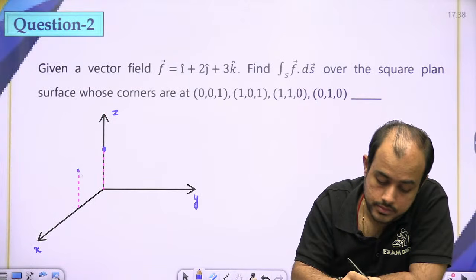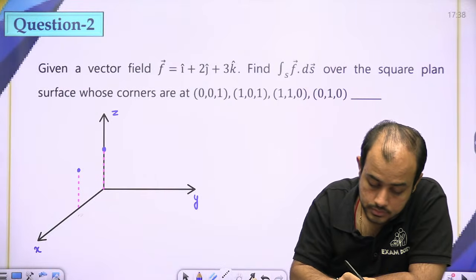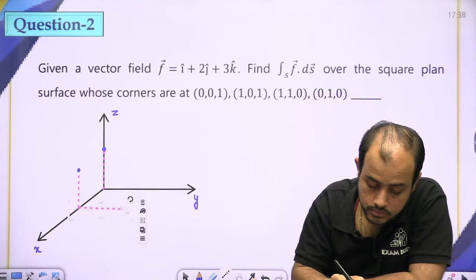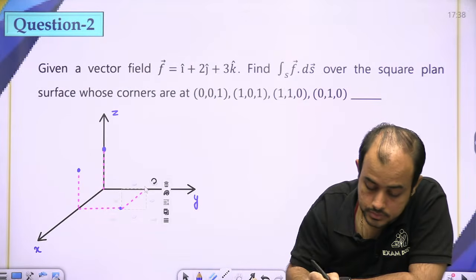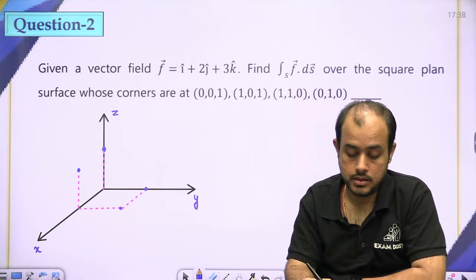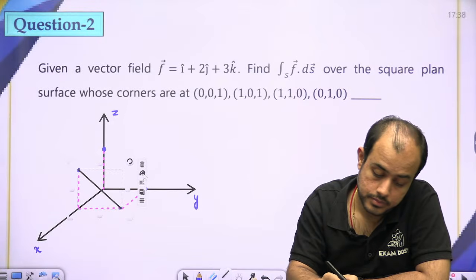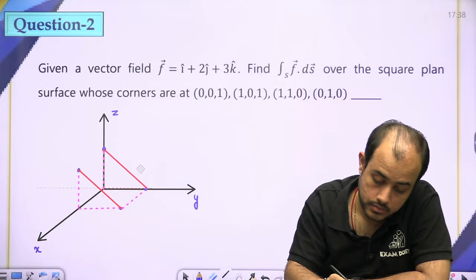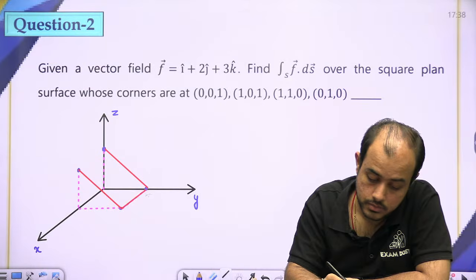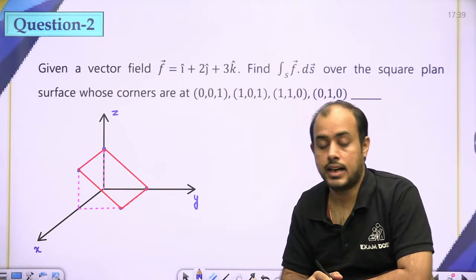Okay, this is 1 0 1. 1 1 0. Then 0 1 0. So what kind of a square is it? Okay, this is the square.